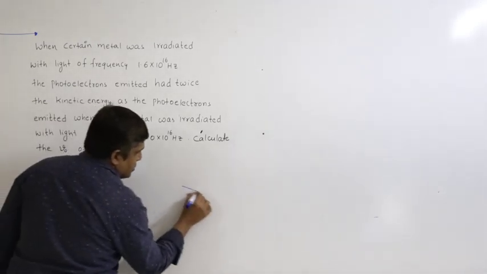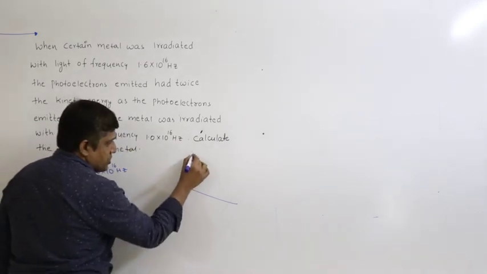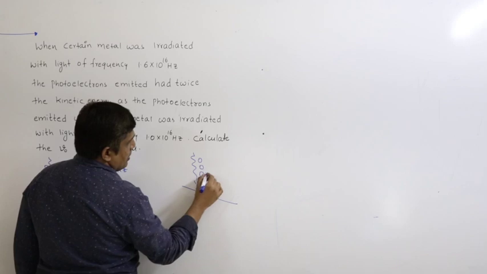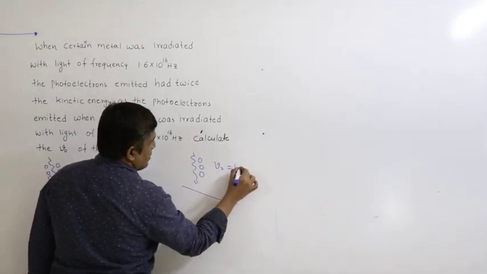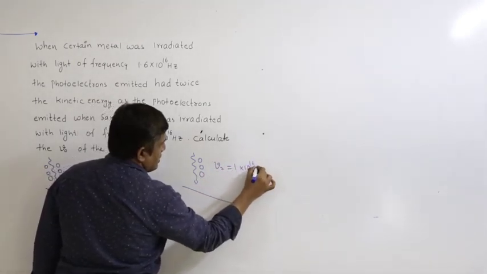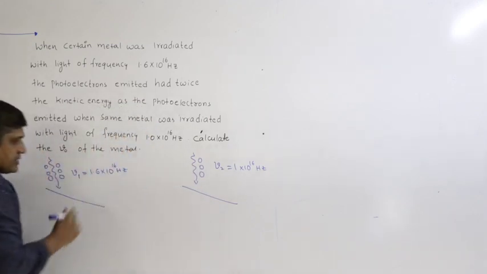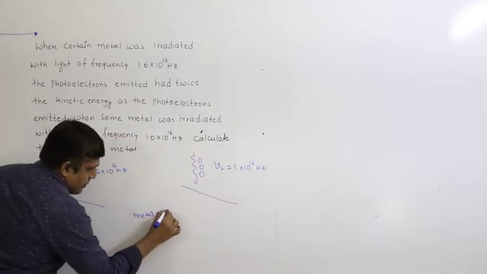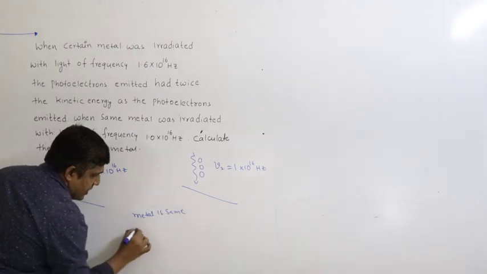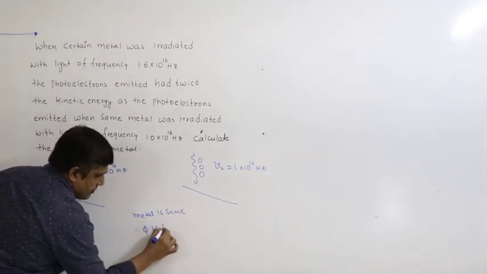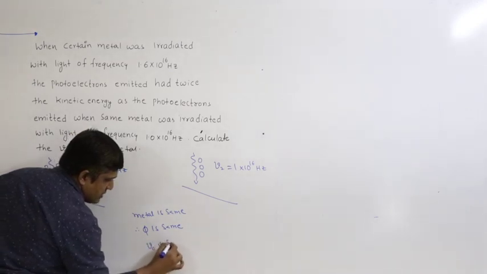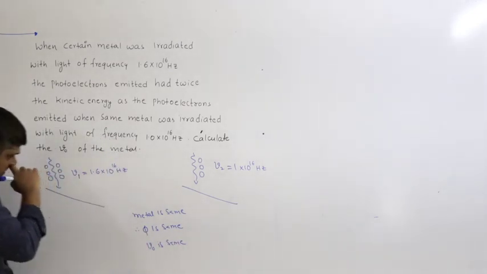The same metal is used here when exposed to light radiation of frequency, let us say, 1 into 10 power 16 hertz. In both cases the metal is same, therefore work function is same, or threshold frequency is same.